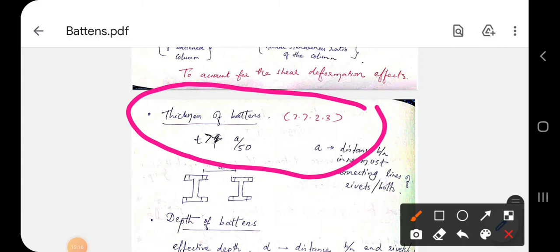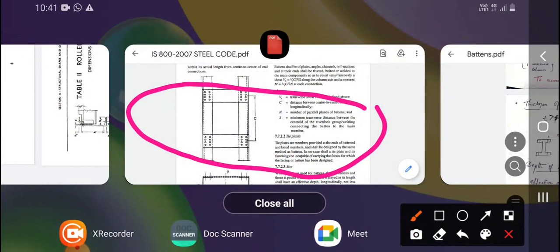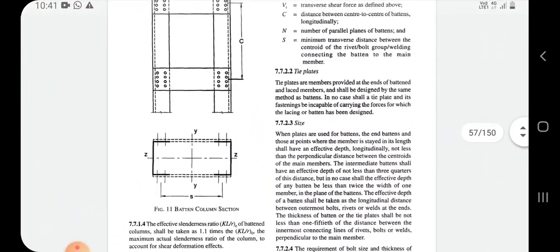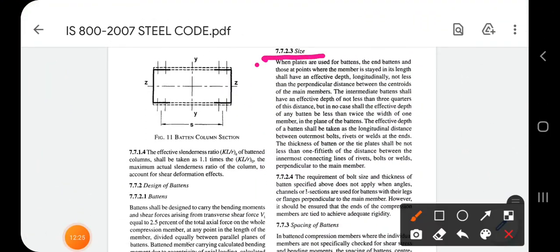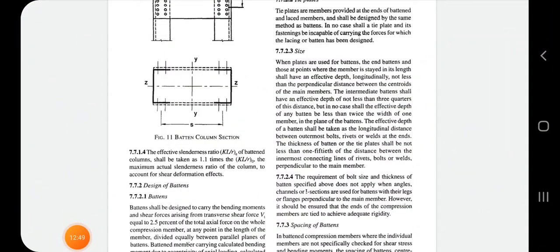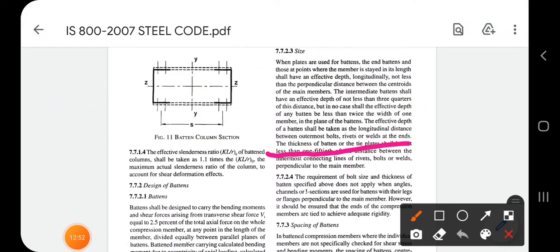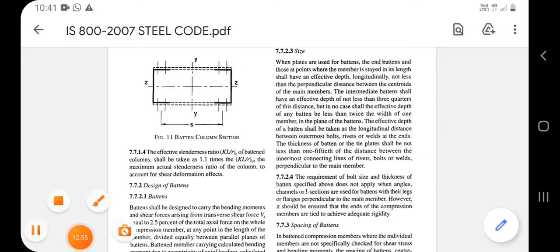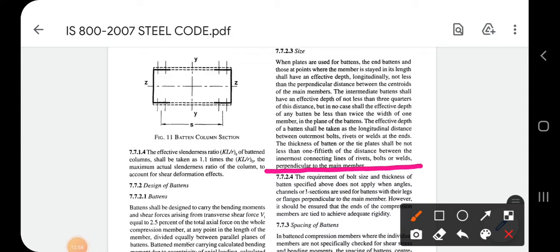There is a minimum requirement for the thickness of batten, and it is given in clause 7.7.2.3 under the subheading size. It is in a big paragraph. The first portion of the paragraph discusses the depth of the batten plates, and the last portion discusses thickness. So here we want thickness, and it is given like this: the thickness of the batten shall not be less than 1/50th of the distance between the innermost connecting lines.